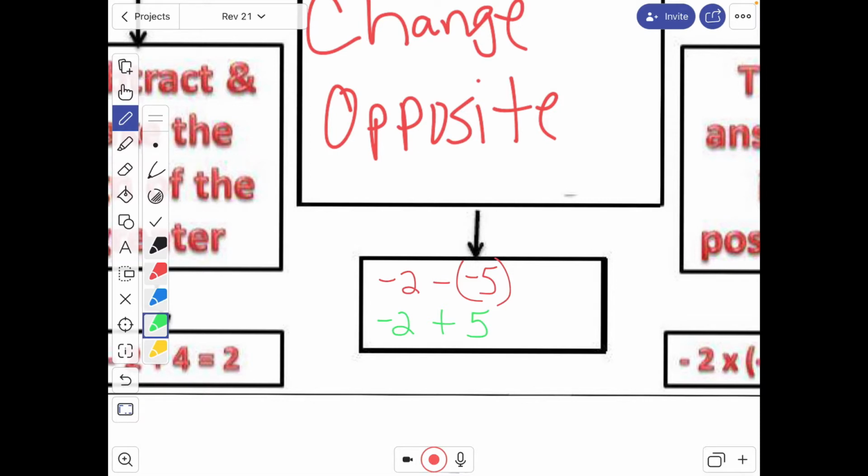So it's -5, it's now going to be +5. And then we follow the rules for adding. So if they have different signs, they subtract. 5 minus 2 makes 3, and we take the sign of the one that's greater, so it is +3. So -2 minus -5 is 3.